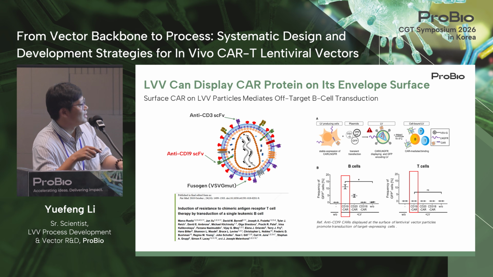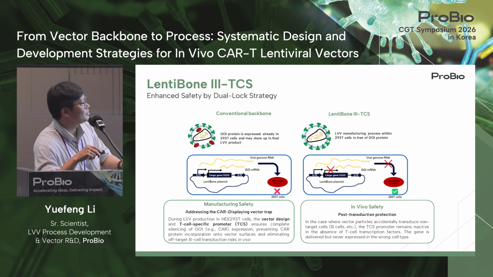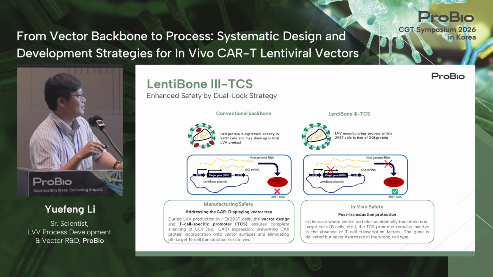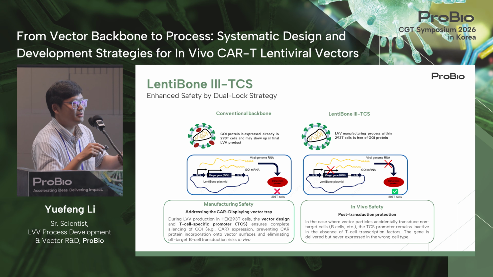And the example here in the bottom left corner shows that only a single B cell which escaped the CAR therapy will lead to a cancer relapse later. So if we want to remove the entire population of B cells, we have to make sure the CAR molecule doesn't go into the B cells. To do this, our ProBio designed a lentivirus which can repress the CAR GOI expression, the protein production, during the packaging.